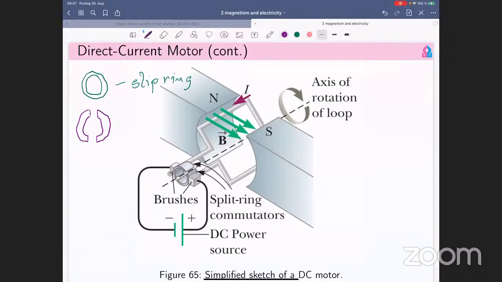But it's very useful for the direct current motor, okay. Slip ring will be used in a more advanced motor, because it's better. It would be used for the alternating current motor, okay.